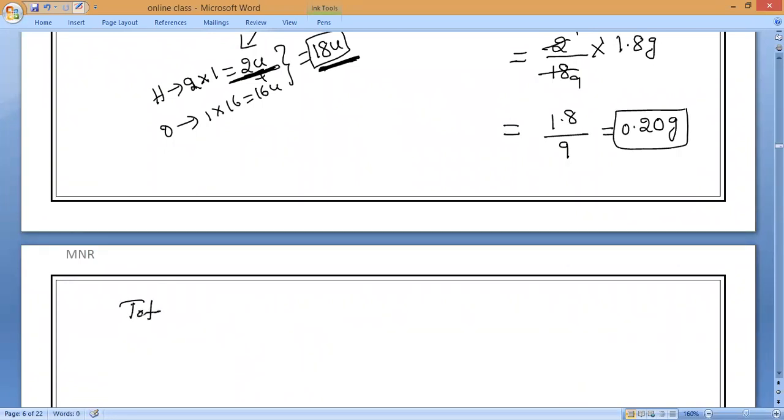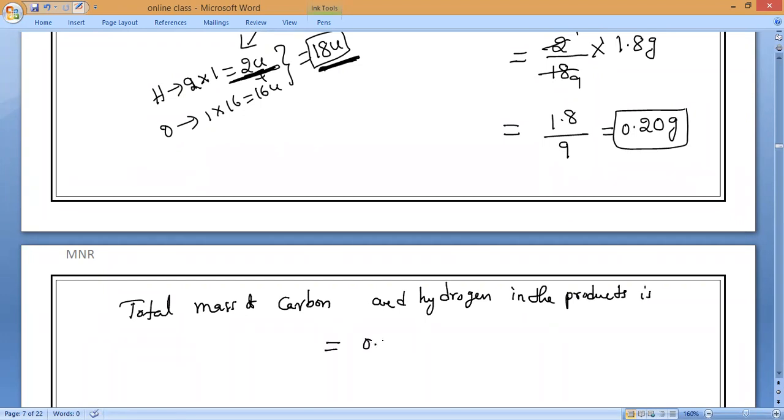So the total mass of carbon and hydrogen in the products, if you notice, totally how much is coming? Check it. 0.24 grams plus 0.20 grams.